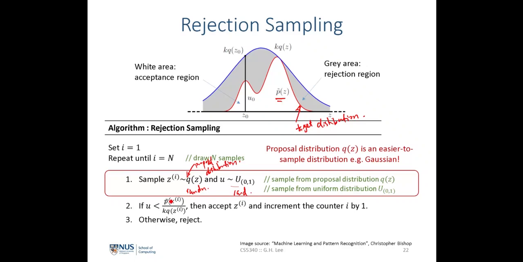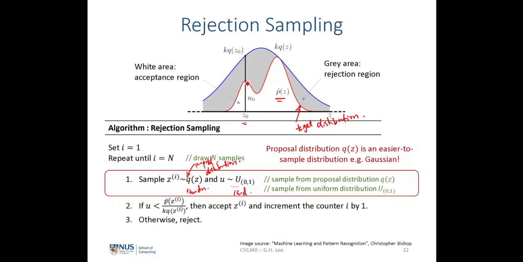We'll then do this comparison: if u, which is between 0 and 1, is less than the unnormalized probability distribution evaluated at the sample z_i that we have drawn earlier from the proposal distribution, divided by k, which is a scalar constant, multiplied by the probability value of the proposal distribution evaluated at the sample z_i. Let's say the sample that we have drawn from the proposal distribution is z_0.